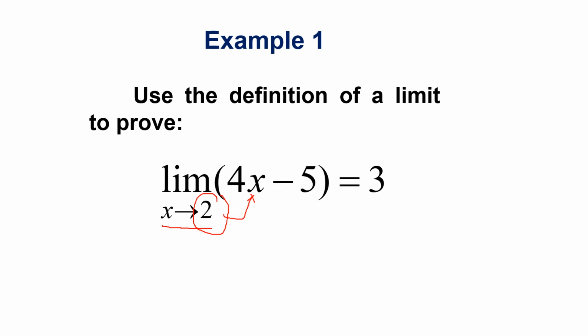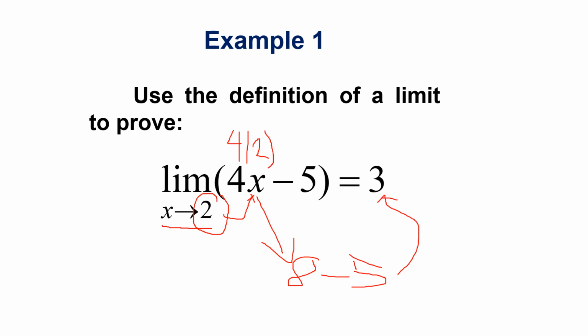So that will be 4 multiplied by 2, which is equal to 8. Now, 8 minus 5 is equal to 3. Therefore, the limit of 4x minus 5 when x approaches 2 is equal to 3.